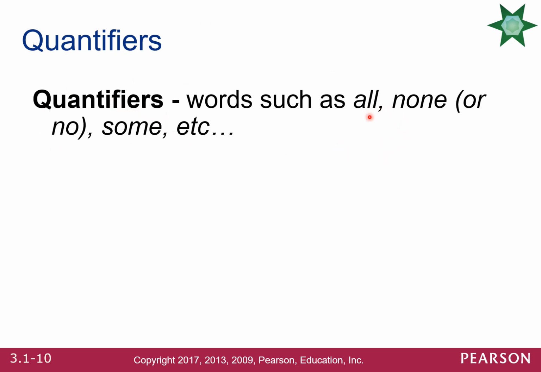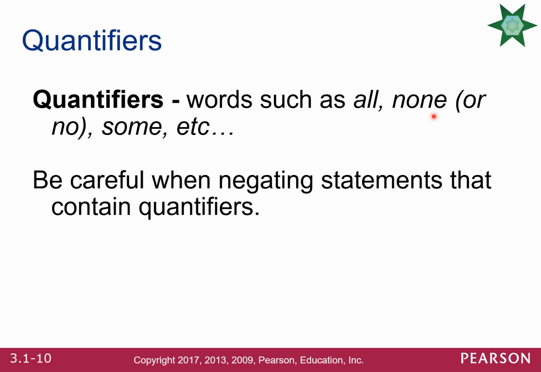So when we say I've read all the books, that means it implies a quantity, a certain number of books, and you've read all of them. When we use the word none, I've read none of these books, that means you've read zero books, right? You haven't read any of these books.